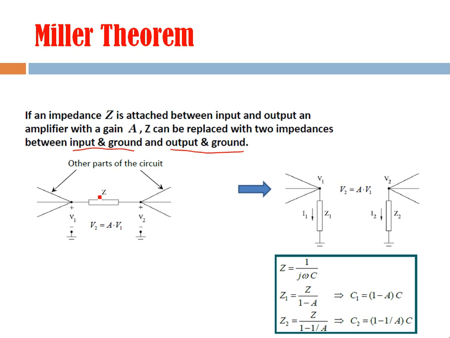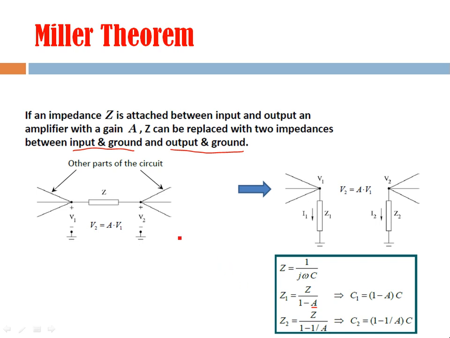So now suppose this impedance is a capacitive impedance, and so the impedance will be given like this. Now the part which is coming between input and ground, Z1, will be given by this. So it depends on A, the gain of the amplifier, and Z2 which is connected between output and ground is given by this equation.